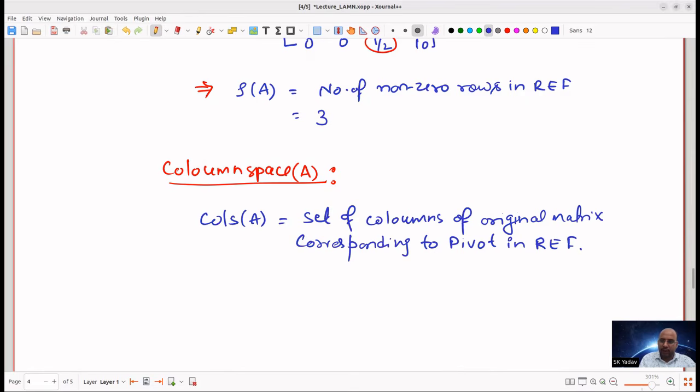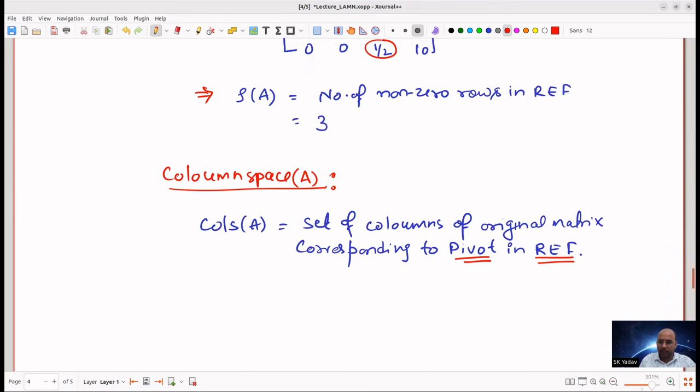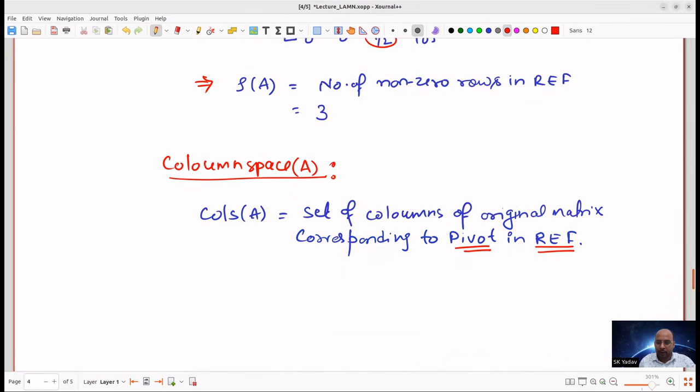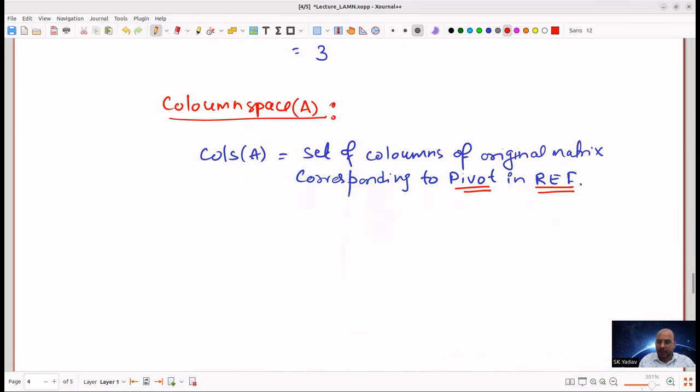That means once you have reduced the matrix into row echelon form, you have pivot or leading elements like in the above matrix here. These pivot columns will form the column space of matrix A, but the columns will be the original columns of the matrix. So here column space of A will be the set of columns C1, which has a leading position, C2 also, and C3 also.